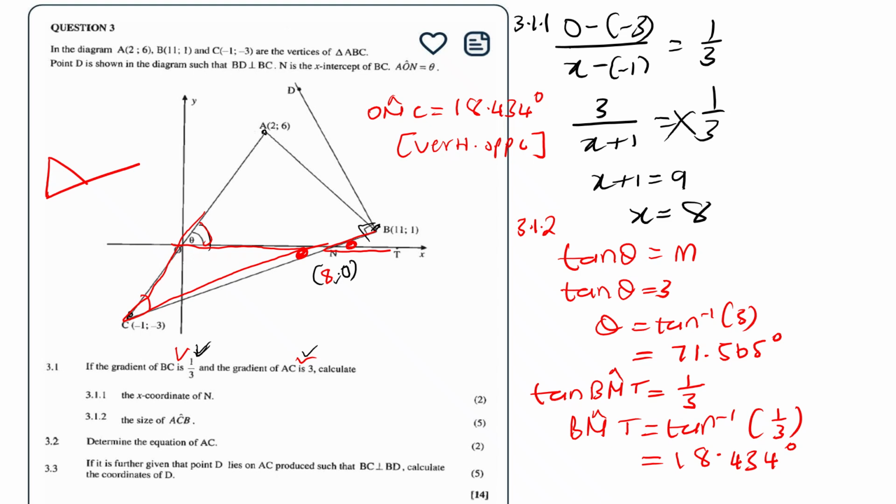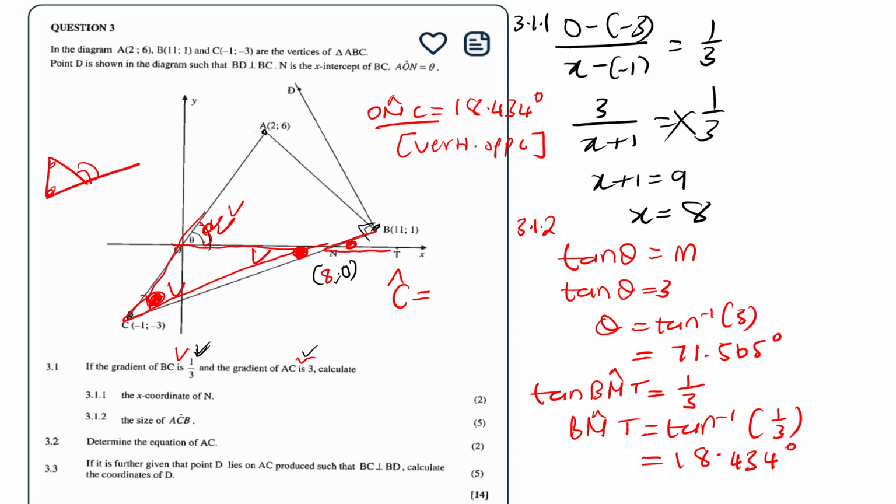Very good. It states that the sum of these two angles is equal to the exterior angle of a triangle. So the sum of these two angles must be equal to the value of theta, the exterior angle of a triangle. Therefore, angle C is equal to theta minus this angle, because when we add ONC and C, we must get the value of theta.